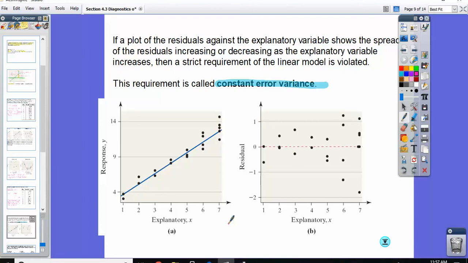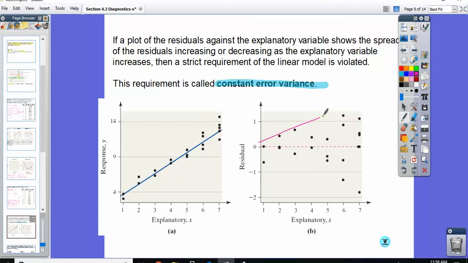You have points in a horizontal section above and below 0. This original graph shows my original scatter plot and line of best fit, and it doesn't look like a bad line. Look at my residual plot. First of all, is there a pattern there? No, so we didn't break that rule, but look what happens.